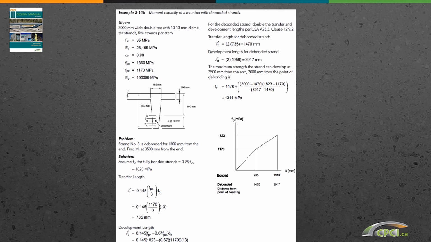So the bonded strand is somewhere here, and the stress at that particular moment, 35 millimeter from the end, is somewhere here. Therefore, at 35 millimeter, the debonded strand has not yet achieved the total strength that we need to reach if all of them were bonded.